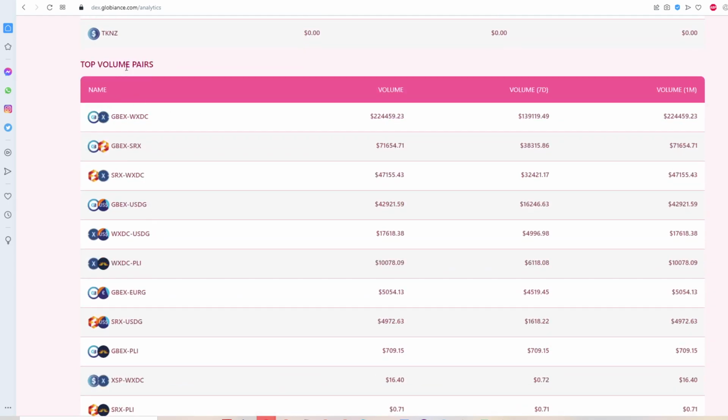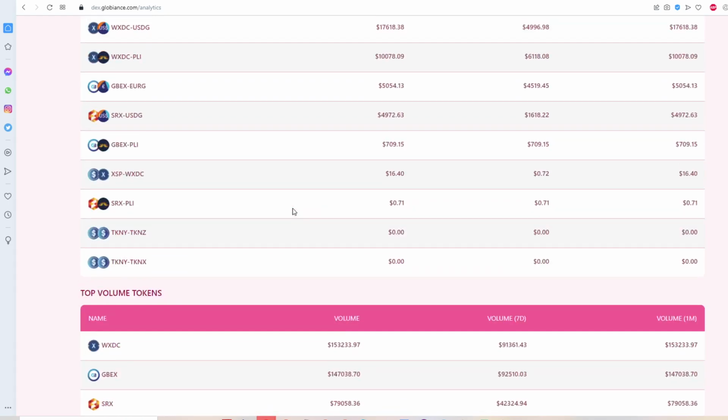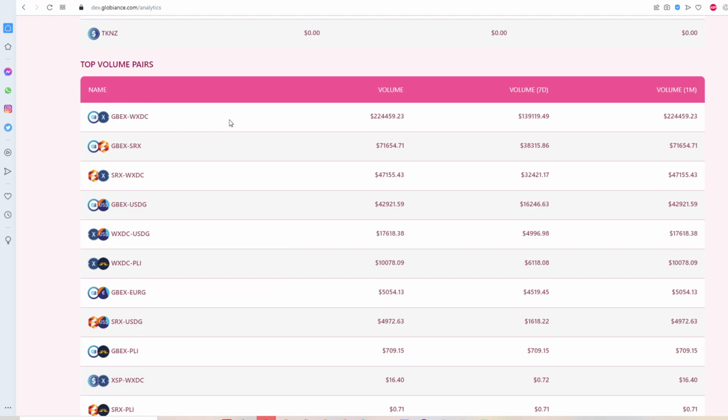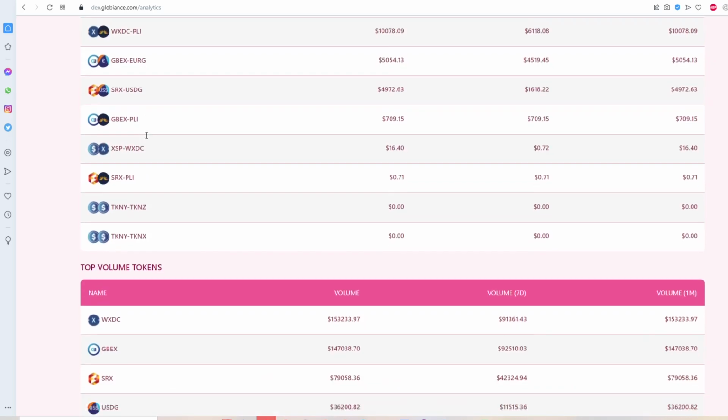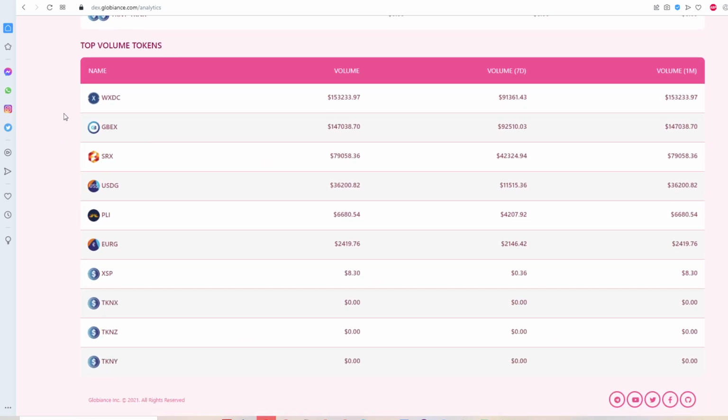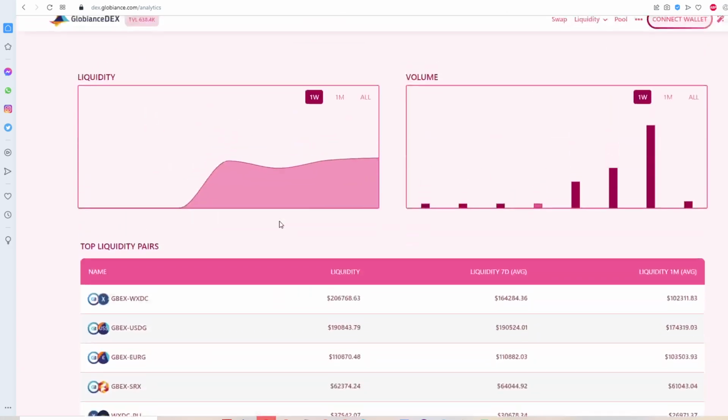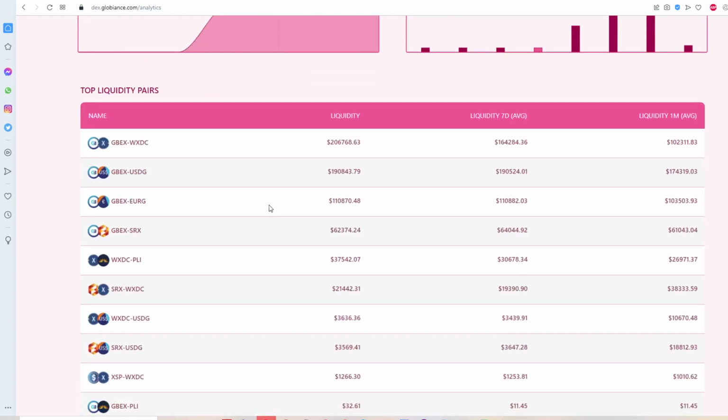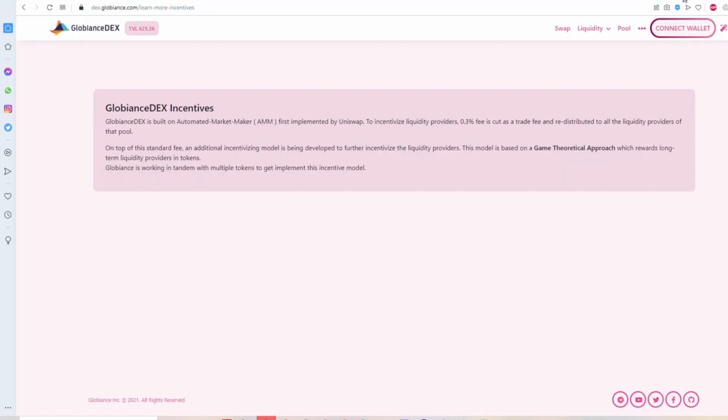And then you get the volume pairs, so you can see which pairs have the most volume, so trades. That's important to know if you want to add a liquidity pair. And then the top volume tokens themselves. So I think that page is quite neat in order to find out where you want to add liquidity or not. And what was the last page we had? Incentives, yeah. That was just with the 0 to 3%.